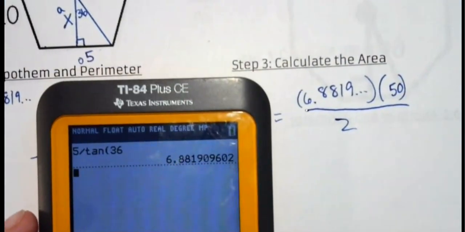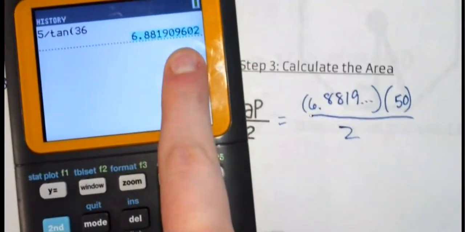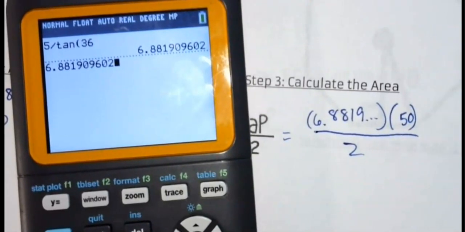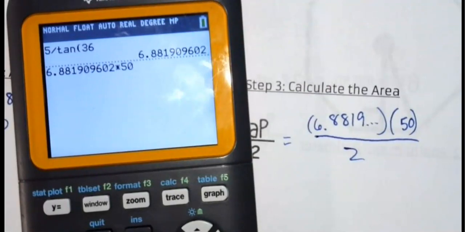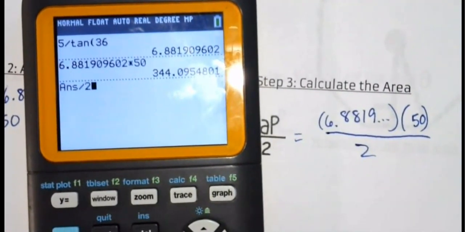I have to have this in there, and then I use my arrows and highlight that number, and then I click enter, and it appears below there, and it has not been rounded. And then I click times 50. And then I can go ahead and do divided by 2 now, or I could wait and just divide by 2 here.